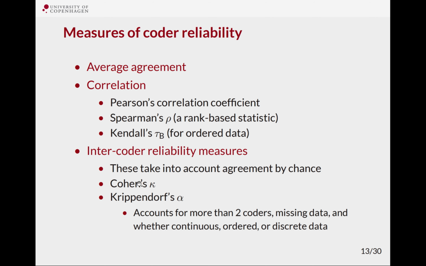And so you often see these Cohen's kappas or these Krippendorff's alphas. So there are a lot of these kinds of measures. They're quite easy to learn if you actually do this on your own. They're not very difficult to apply. But all that to say, you need to make sure that your coders are reliable. So hopefully they're in agreement on how to code each document that you're asking them to code.